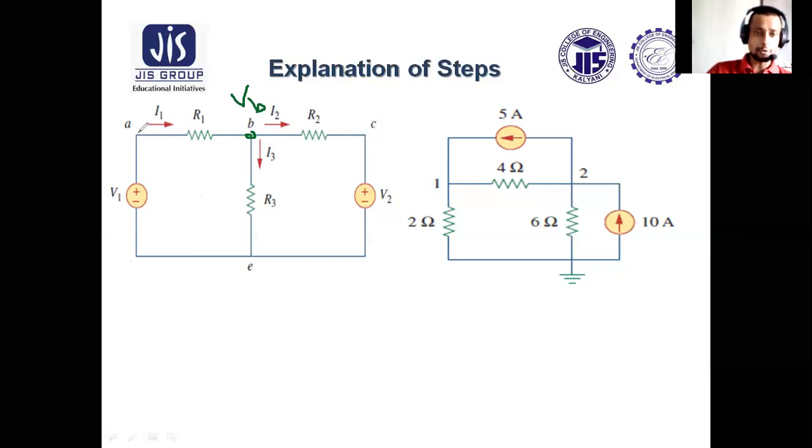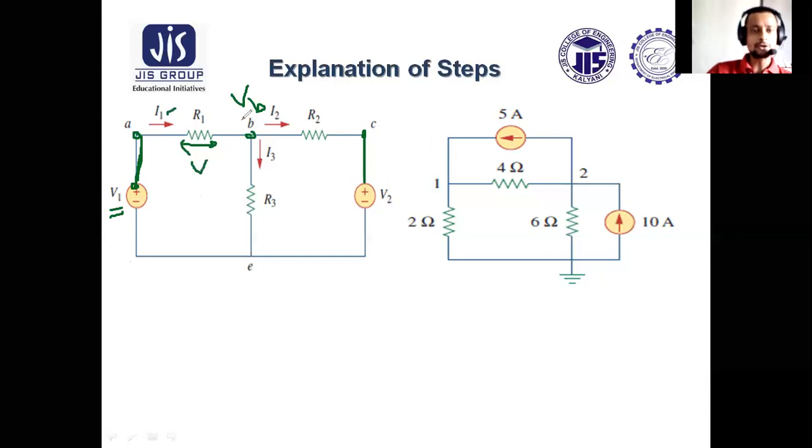The voltage at A point is known to us because it is straight away connected to the positive of V1. If this is V1 voltage, A point should have V1 voltage because it is shorted. Similarly, if this is V2 voltage, C point will have the same V2 voltage. But as this voltage drop is not known due to unknown current I1, VB is not known to us.